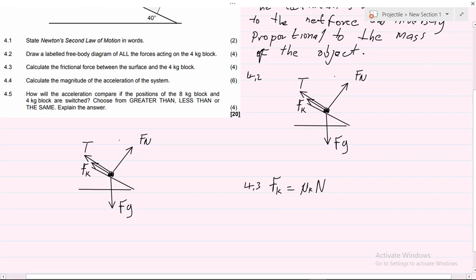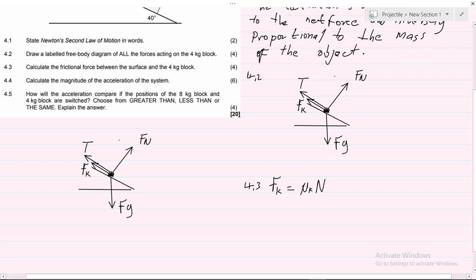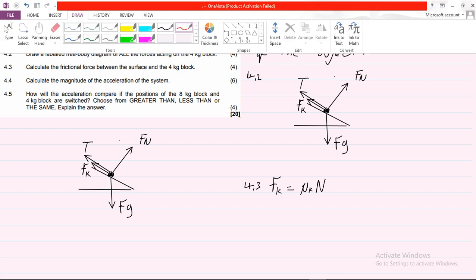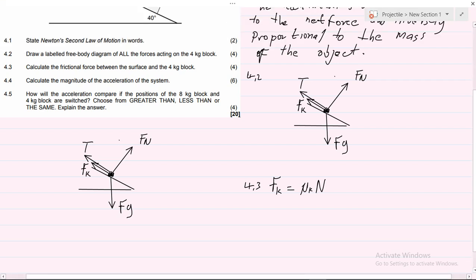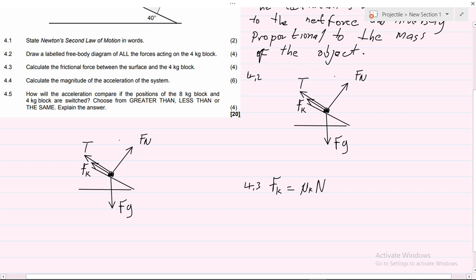Okay, let's continue. We have the free body diagram for the 4 kg block. Now for the gravitational force, we have two components: Fg parallel and Fg perpendicular.